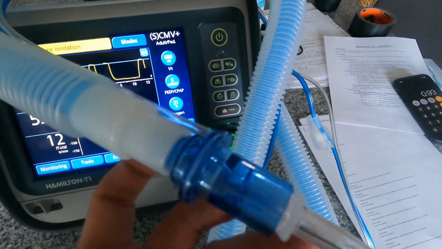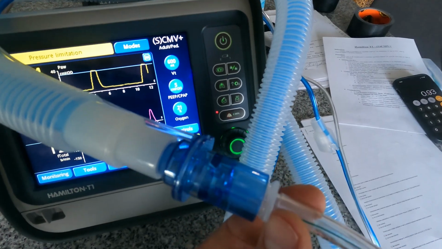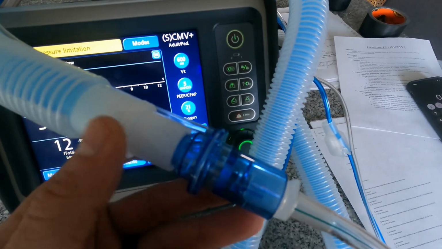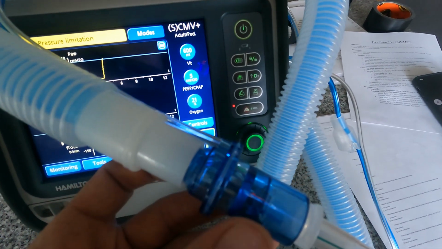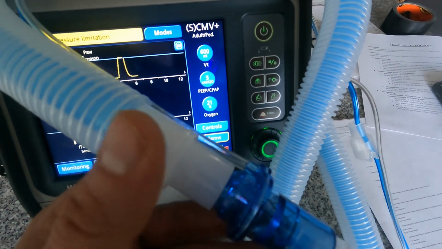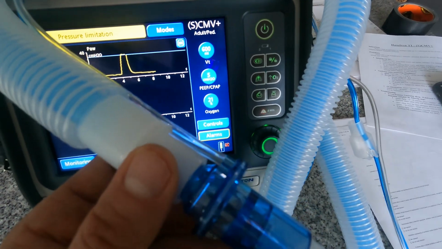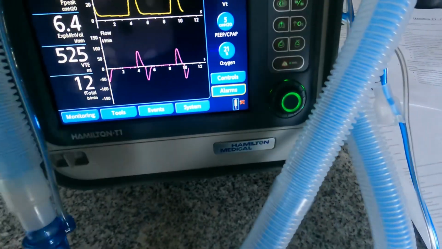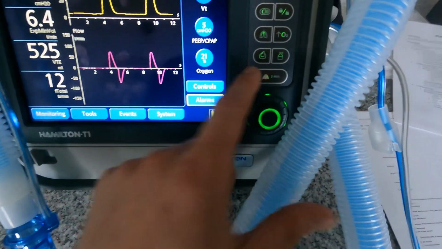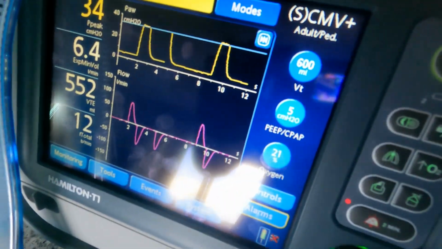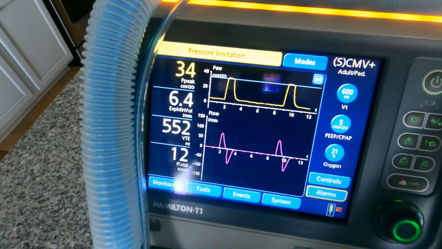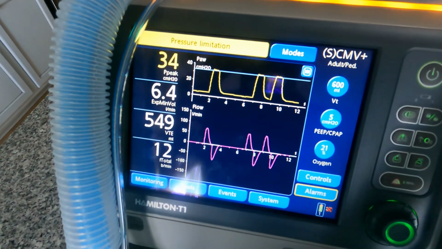So I know in the past we've put things on the patient side, but with the Hamilton and how it's using pressure to deliver its breaths, we want to make sure that we put everything on this side of that flow sensor. And that's pretty much everything as far as just your standard adult ventilated patient goes.